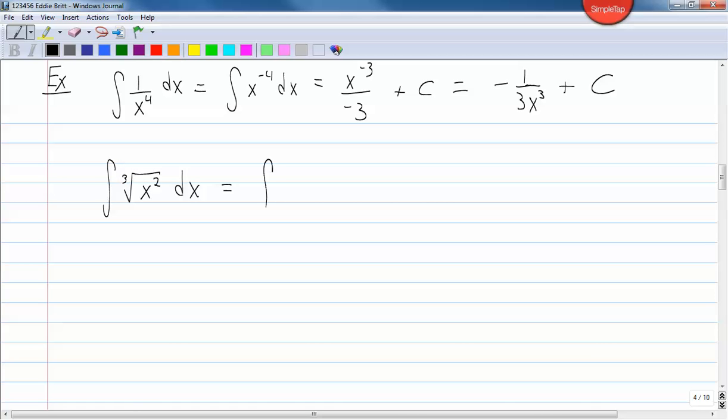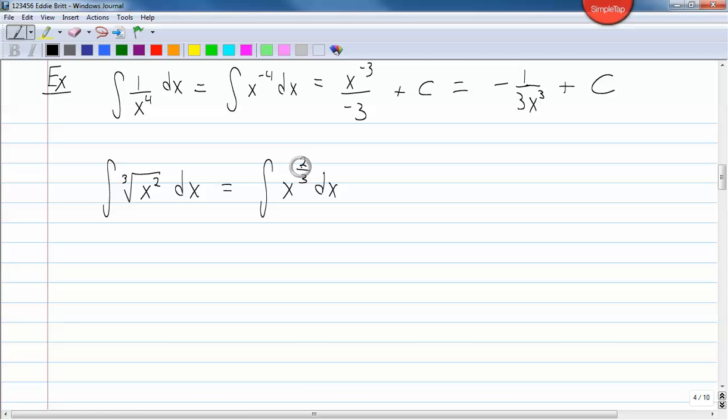So this is the integral of x to the 2/3 power. The power underneath is the top, the index is the bottom. So again, this is the power rule. I had to rewrite this problem, and now I have to apply the power rule.